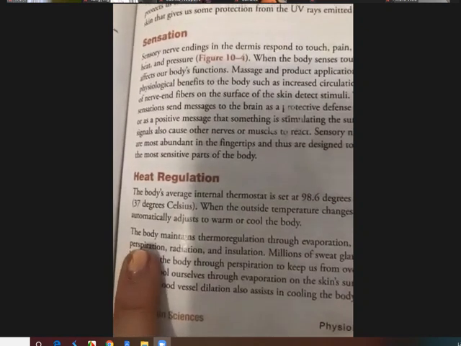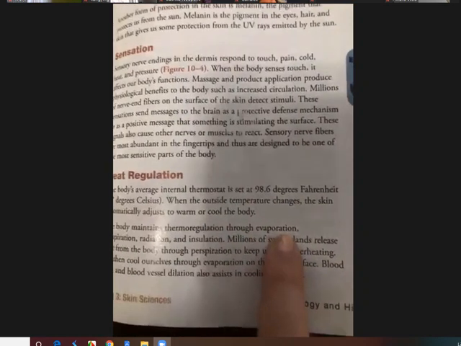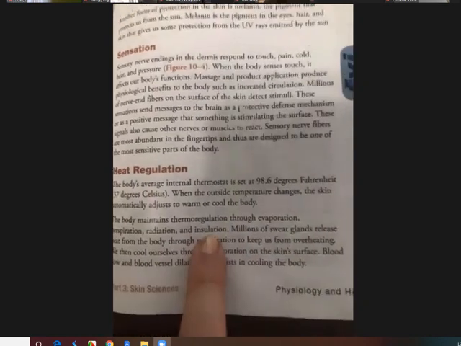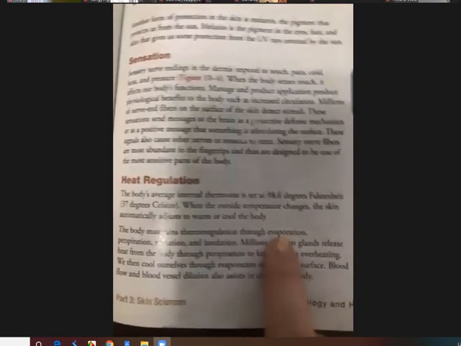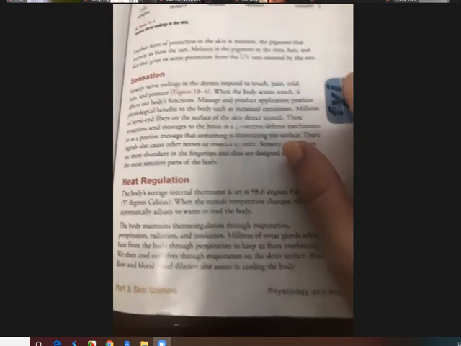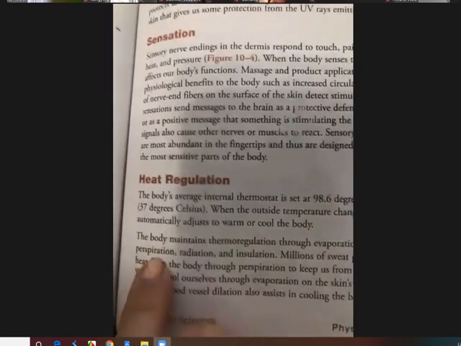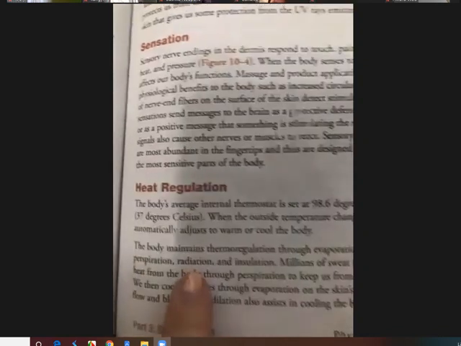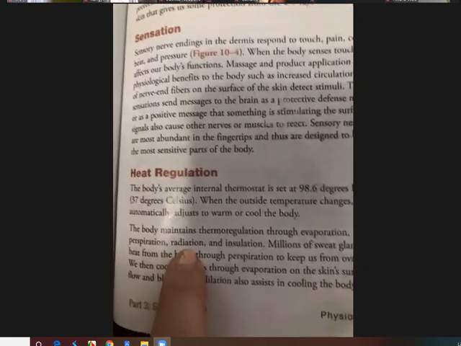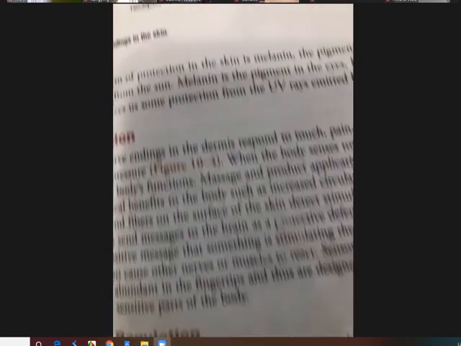Now, the body maintains thermal regulation through evaporation, perspiration, radiation, and insulation. Evaporation, everyone should know, is when water evaporates and becomes steam. Perspiration means you sweat. Radiation is caused by the sun, UV causes radiation.